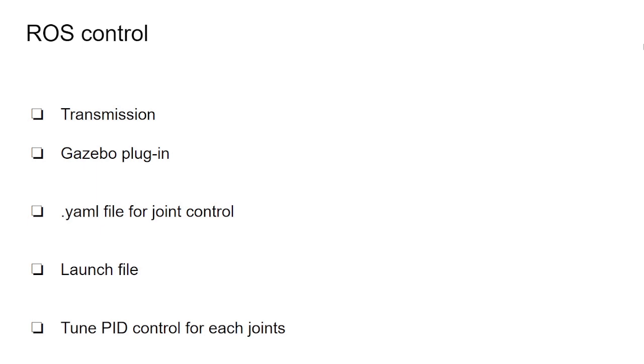Okay, now you should have a good understanding of what our pathway will be to create our first ROS control. Then we're going to start with the transmission.